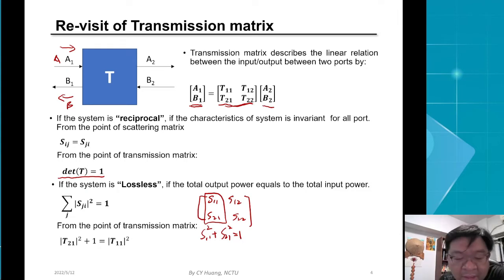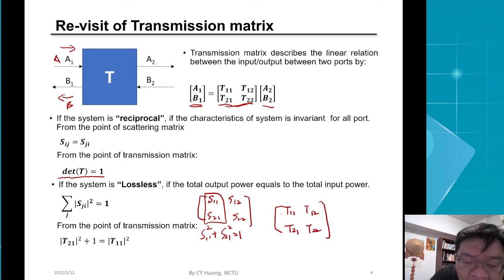In the form of the transmission matrix, the equivalent mathematical description is that T11 squared should be equal to T21 squared plus 1.